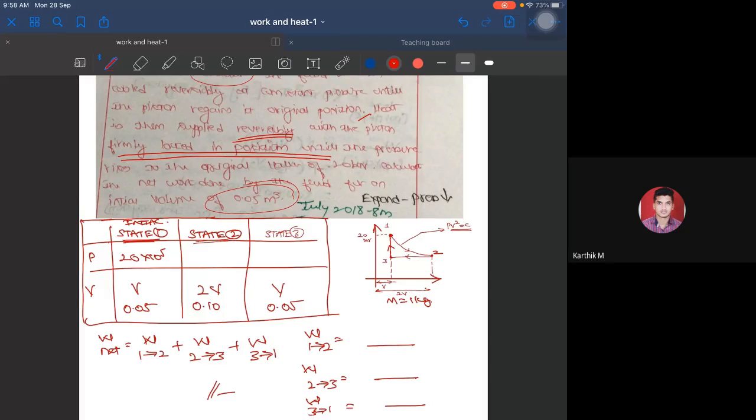Can solve. Okay. What about others? I did not understand the concept, okay? Did not get it.